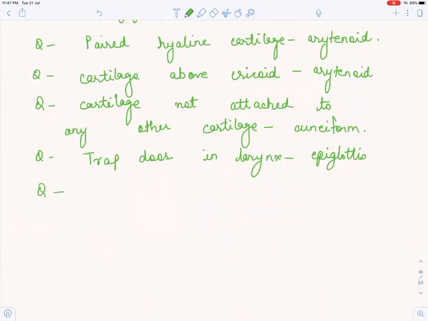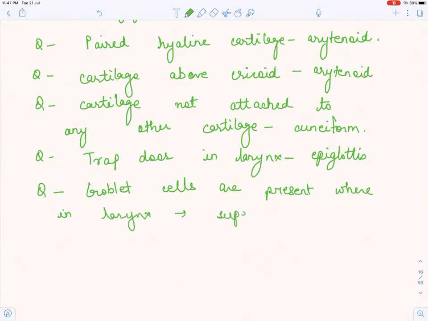One more question. Goblet cells are present where in the larynx? Superior to vocal cords or inferior to vocal cords? Inferior to vocal cords.